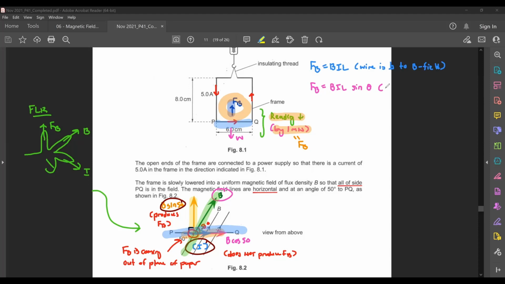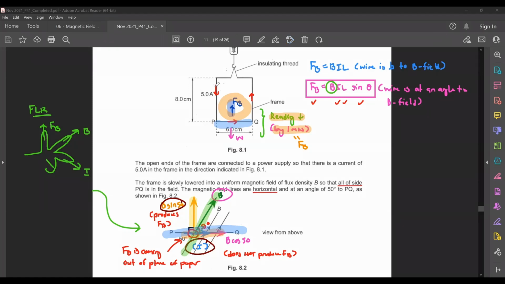This one will be used if your wire is at an angle to your magnetic field. So you would want to use the second equation now, since you can see that your magnetic field is at an angle to your wire. So you know the magnitude of your magnetic force, you know the magnitude of your current, you know the length of the wire inside the field, you know the angle. So you can now find out what is your flux density.